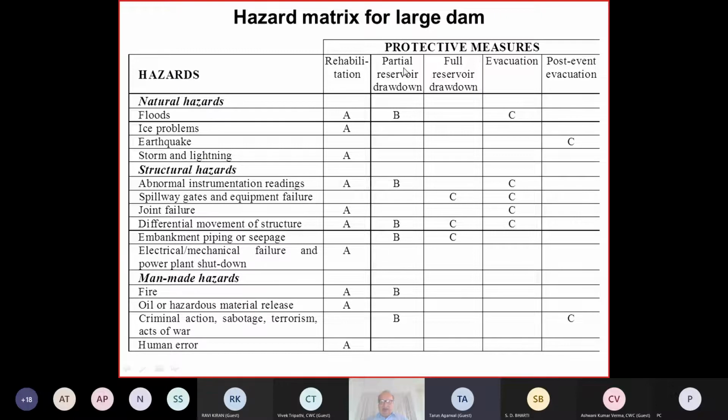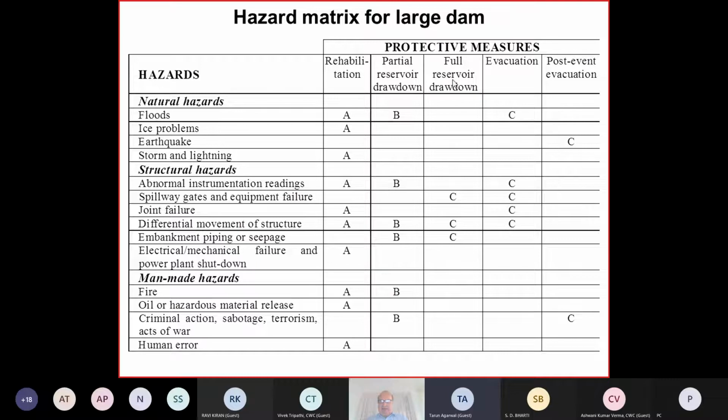For the safety of the people living downstream of a dam, the danger from a dam project is actually the reservoir, the water in the reservoir. If you release it in a catastrophic way, it causes a lot of loss of lives and so on.